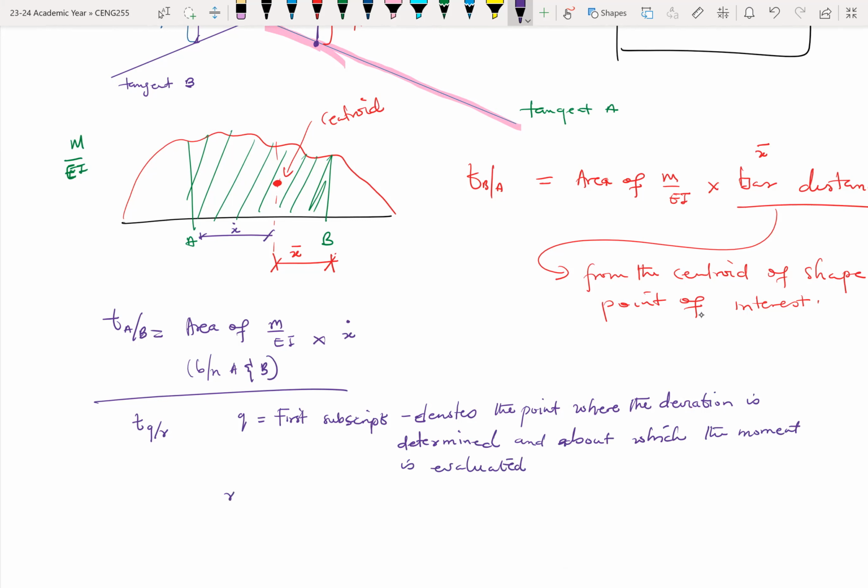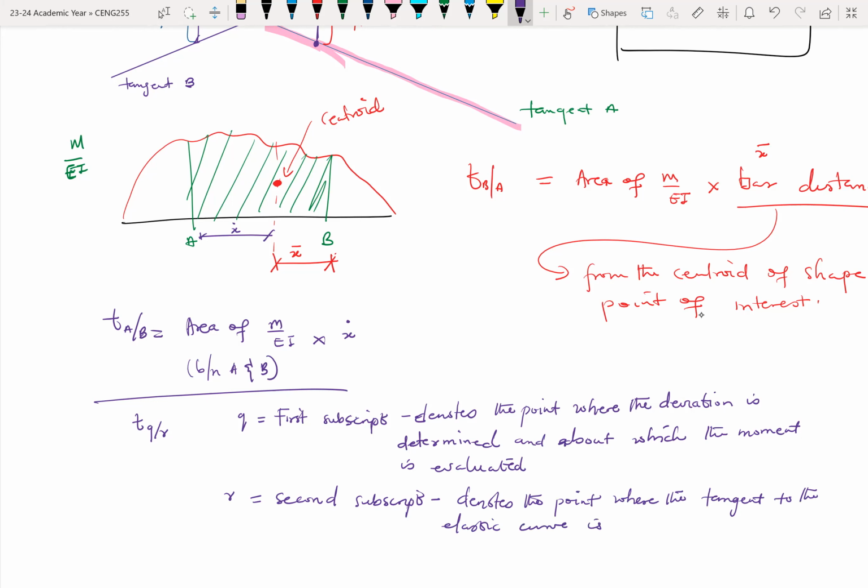And then the second subscript denotes the point where the tangent to the elastic curve is drawn.